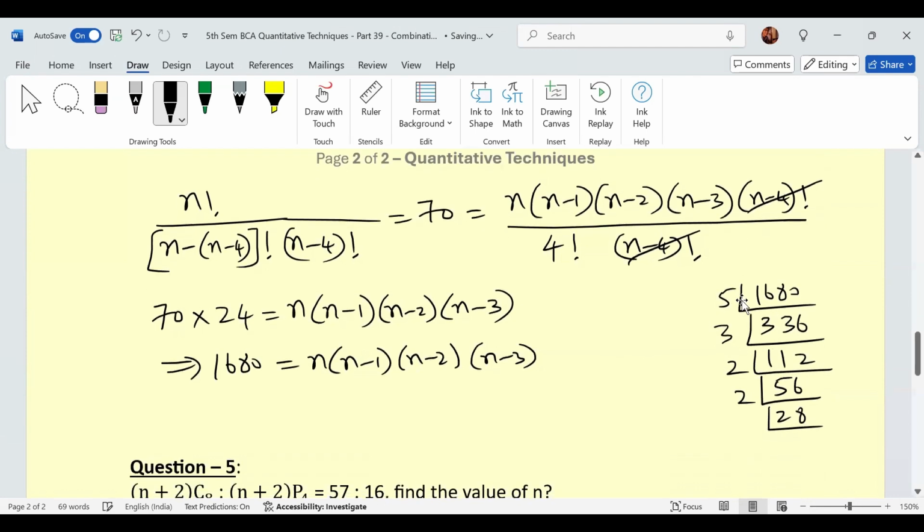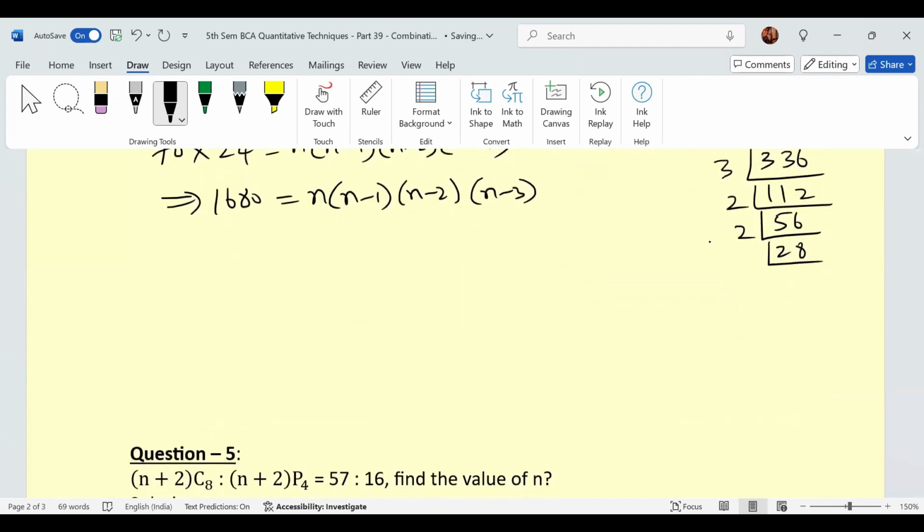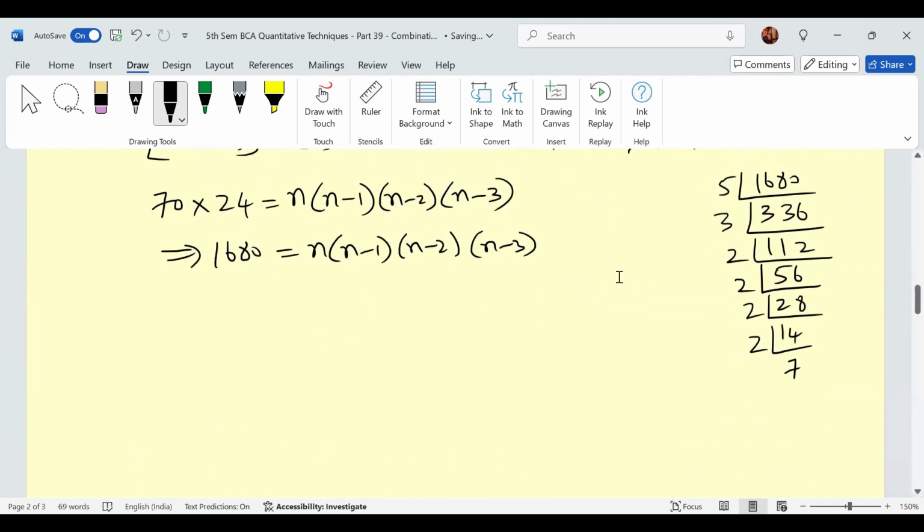Consider dividing by 2. We get 14. Then 2. We get 7. So now we may notice here, this is actually 2 power 4.